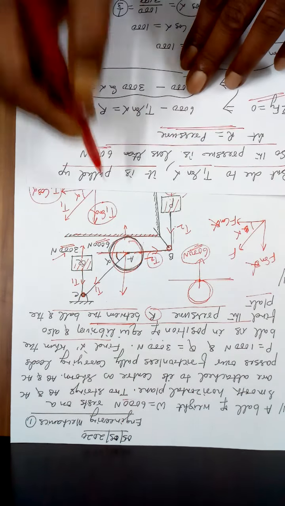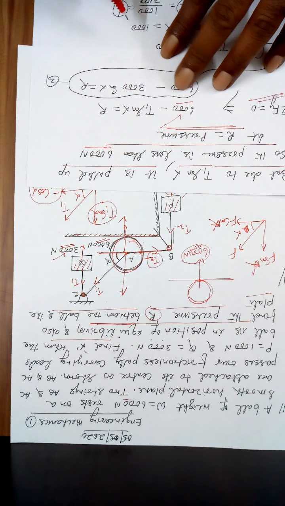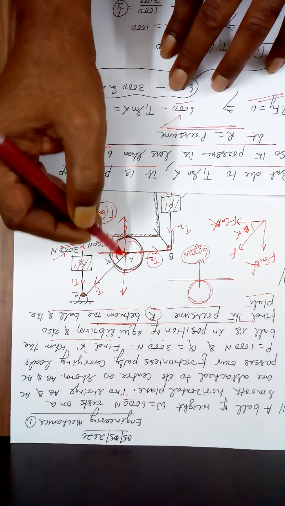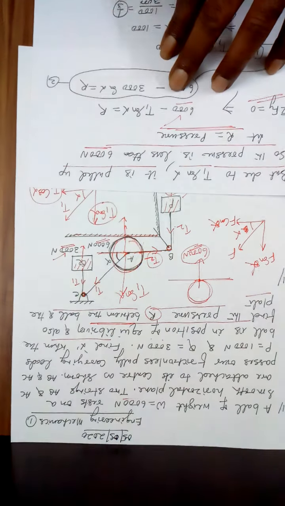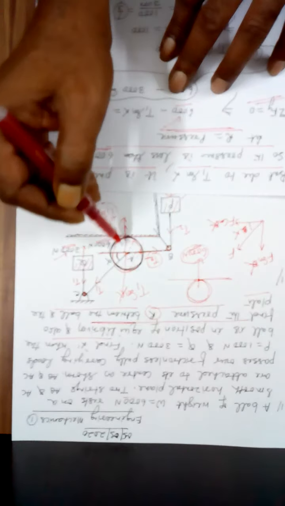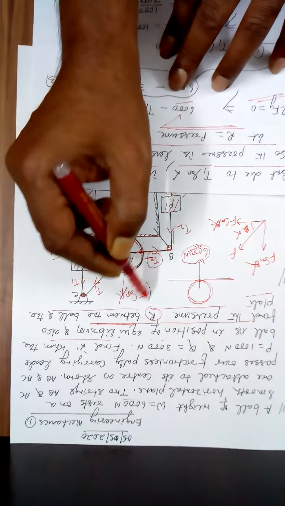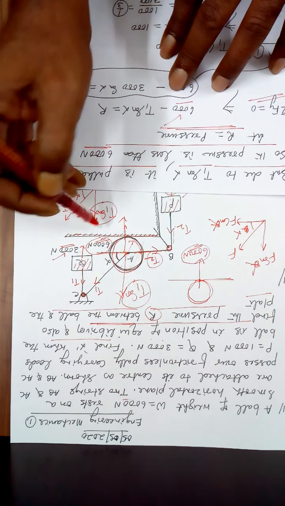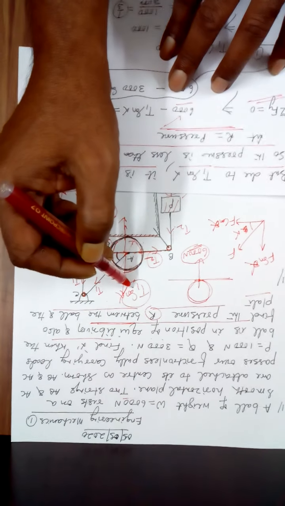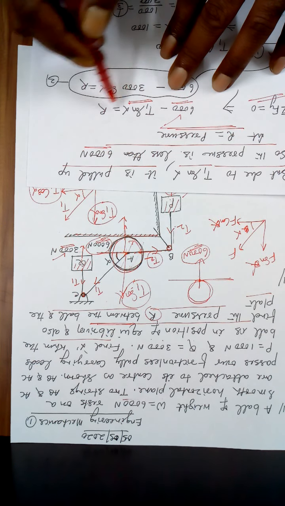Now look, 6000 Newton is downward and T1 sin alpha is upward. If the ball has to apply some pressure, then this 6000 Newton must be greater than this. Then only it will be able to apply some pressure. So 6000 minus T1 sin alpha is the pressure R.